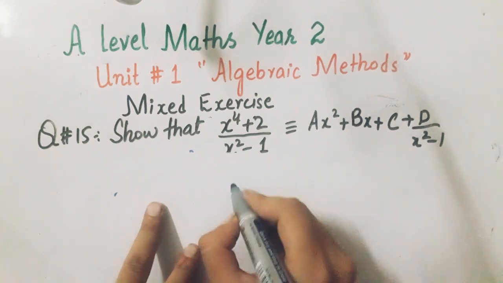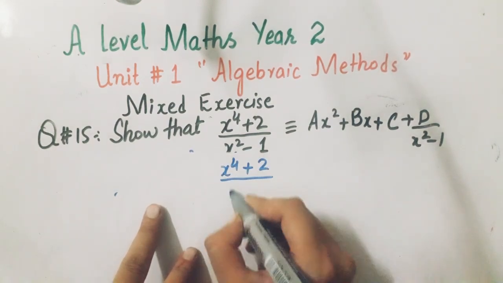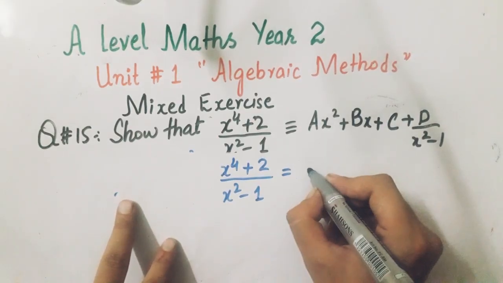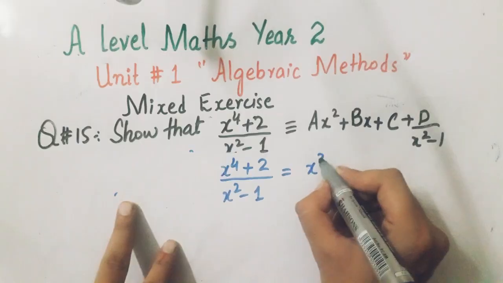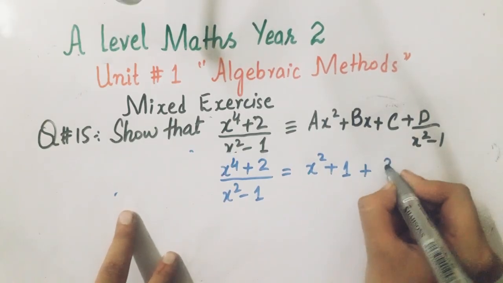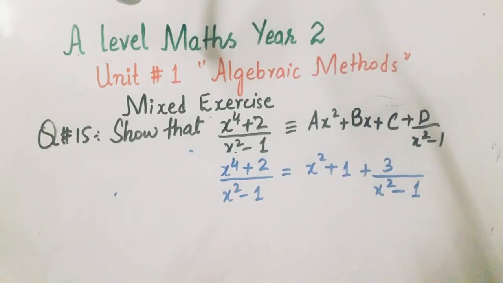This can be written as quotient, that is x square plus 1, then plus 3 over x square minus 1. Now compare both the values.